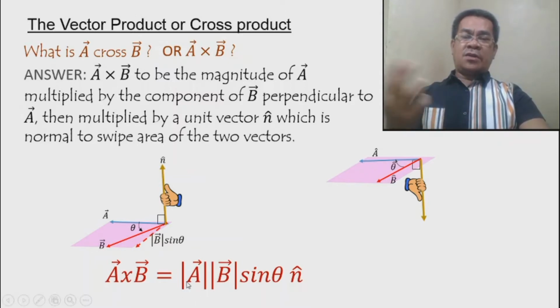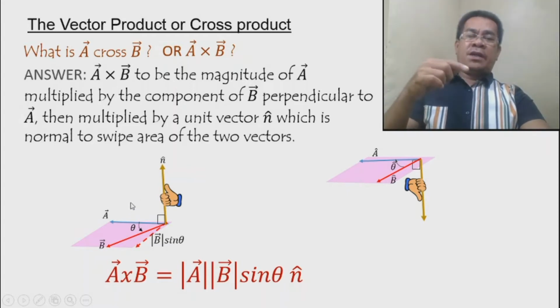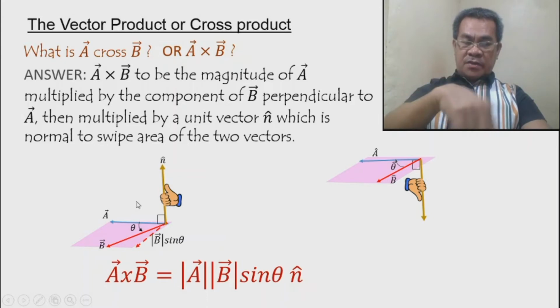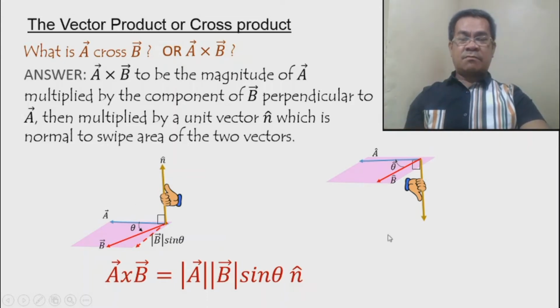So for A cross B, it will rotate in this direction and move upward. While B cross A, rotating again but in a reverse direction, will also reverse its direction, moving downward in this case. So therefore, they have the same magnitude. The only difference is that n hat becomes negative. Because if n hat is upward positive, then the direction below should be negative. So the difference is only the direction.